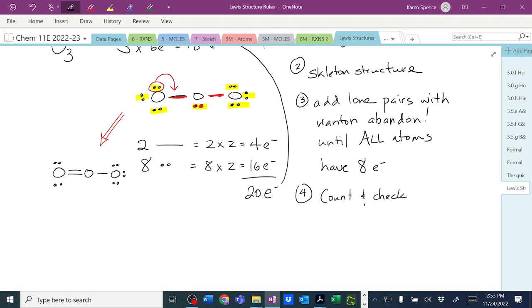Am I done? Not yet. What do I need to do? Yeah, I need to also draw the other, what do we call that? Starts with an R. Resonance structure? Resonance. Now, what does the word resonant mean? It means like if you hear a bell, it goes ding, ding, ding.